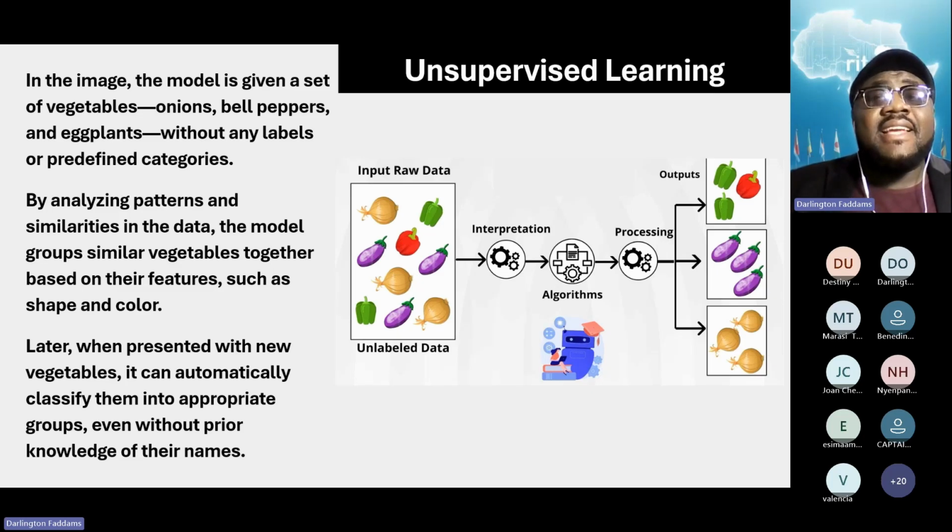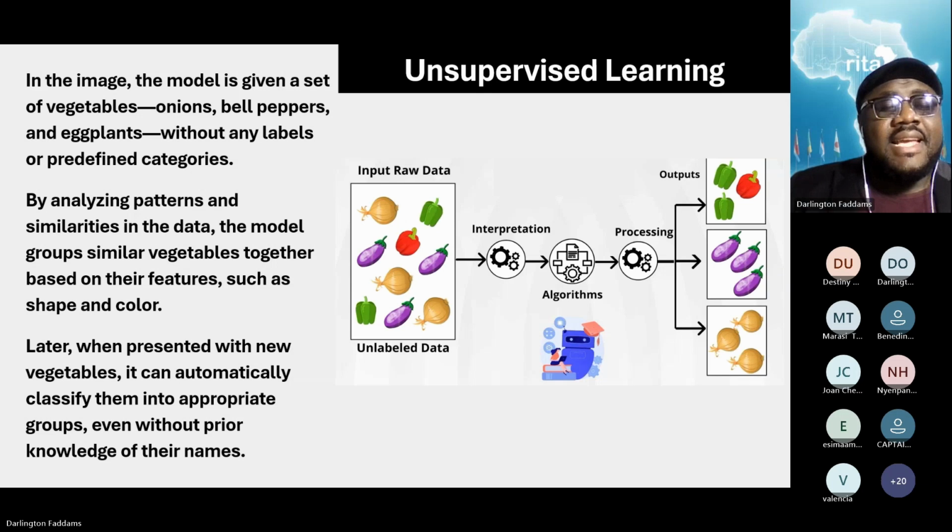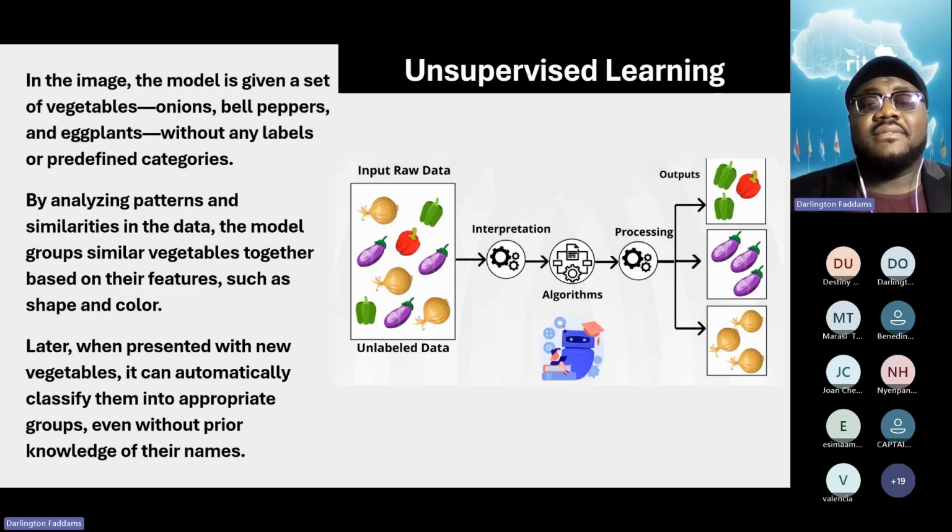The computer did that on its own. Later, when presented with new vegetables, it can automatically group them into the appropriate group, even without prior knowledge of their names. It didn't know the names, but it was able to group them.